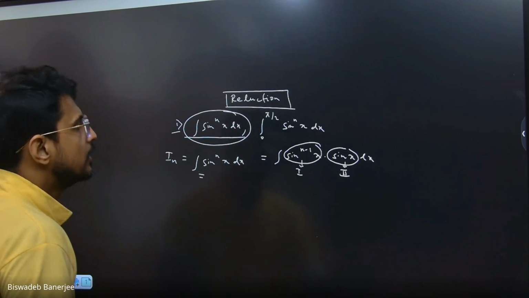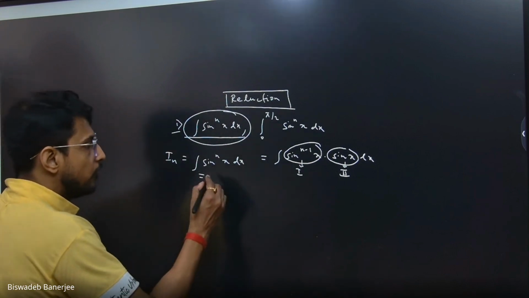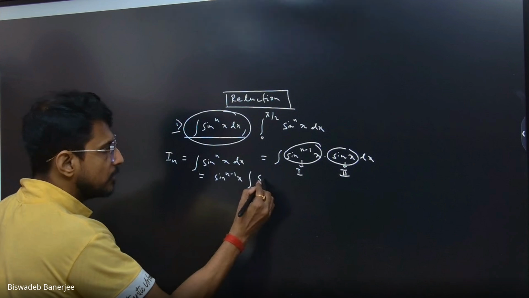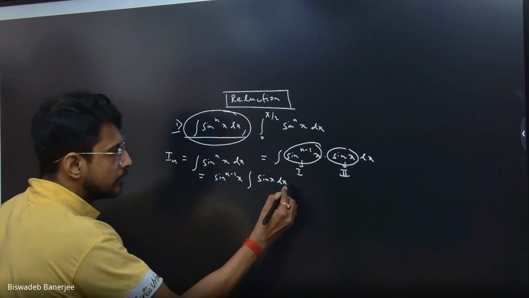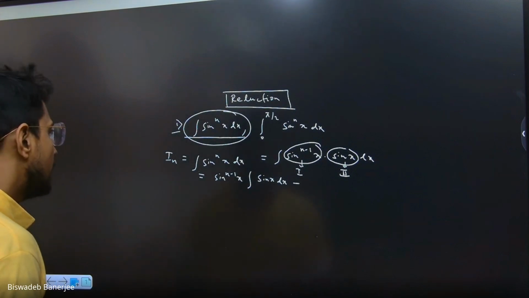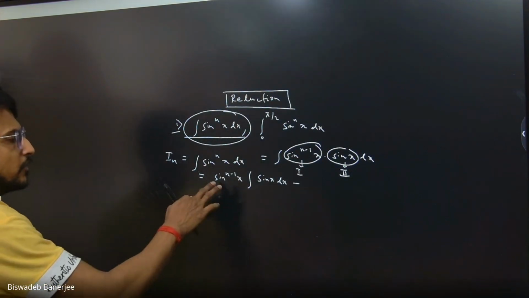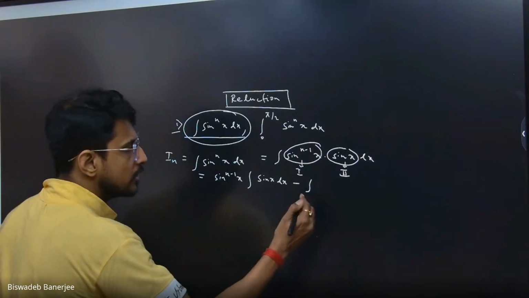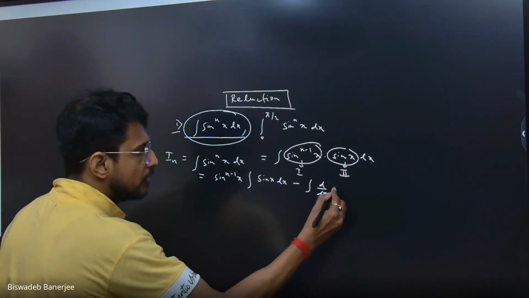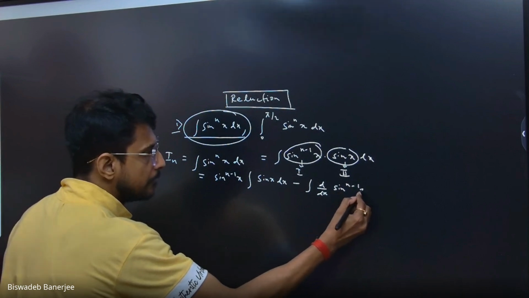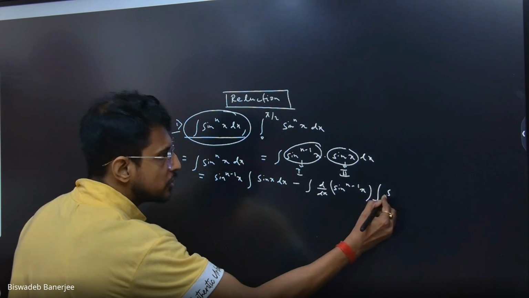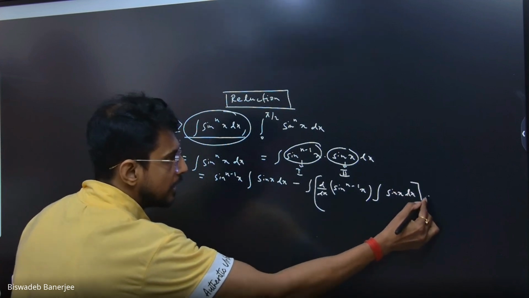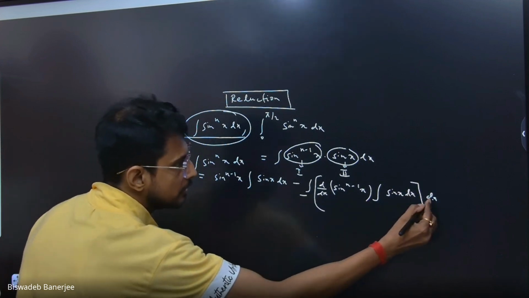So what is the rule? We know the rule of by parts: first function into integration of second, minus integration of d/dx of first function, then integration of second function, and there is another dx for this integration.